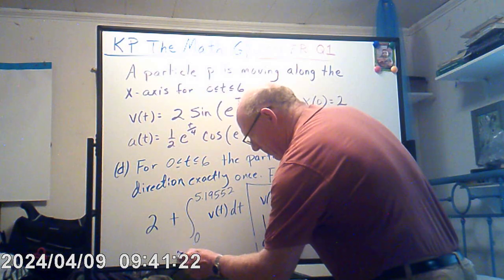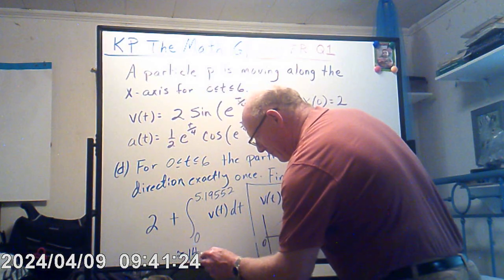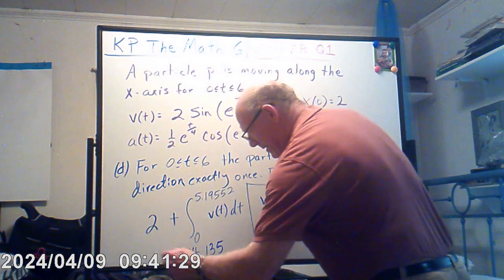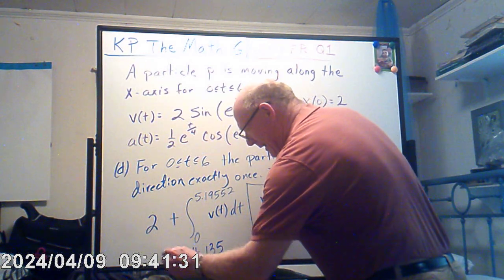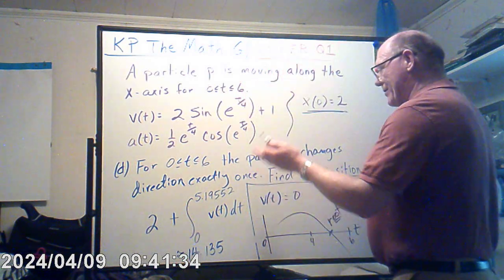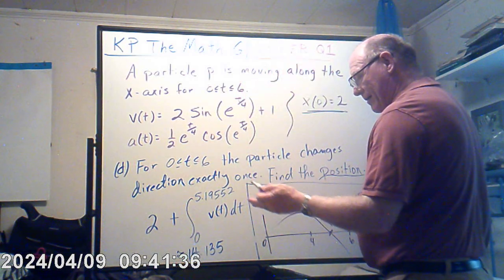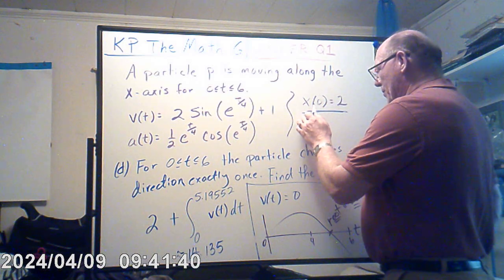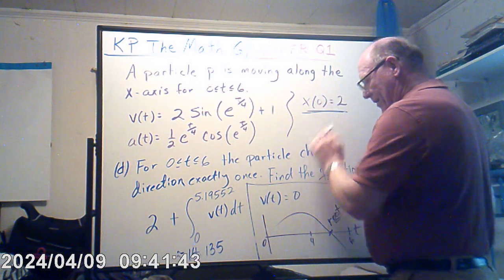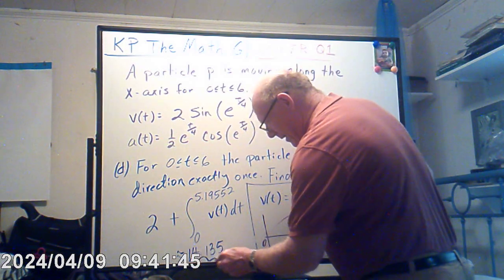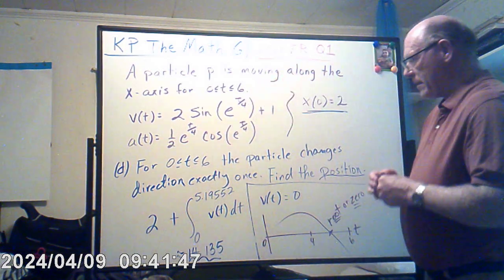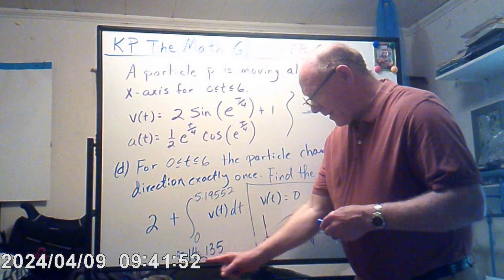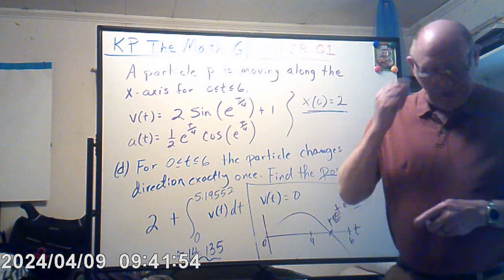So the position is 14.135. If x at 0 is 2, then this position now has moved to the right, to 14.135, and that's where it is.